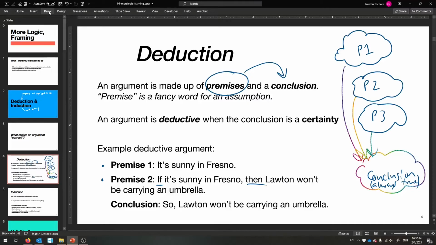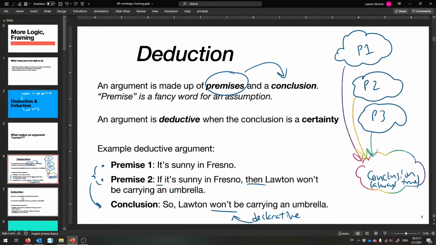So the idea is, these both go together, and when you put them together, they imply this conclusion. Because we would like to prove that, oh yeah, so Lawton won't be carrying an umbrella, obviously. Okay? And this is very declarative. It's a certainty. It will always be the case. If this is true and this is true, then this must be true. That's the idea. Okay, so that's deduction.